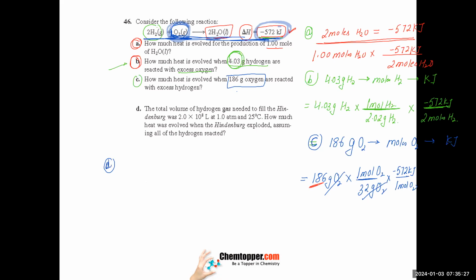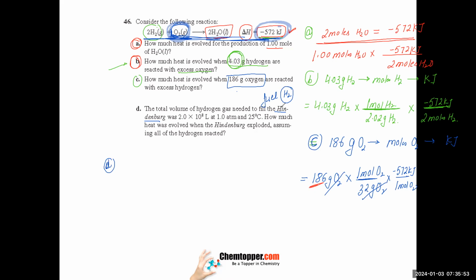The question asks for the total volume of hydrogen gas needed to fill the Hindenburg. You must have heard about Hindenburg from Germany. It was an aircraft, and the fuel they were using in that aircraft was H2. H2 is highly combustible, so the Hindenburg exploded in the air with so many passengers.